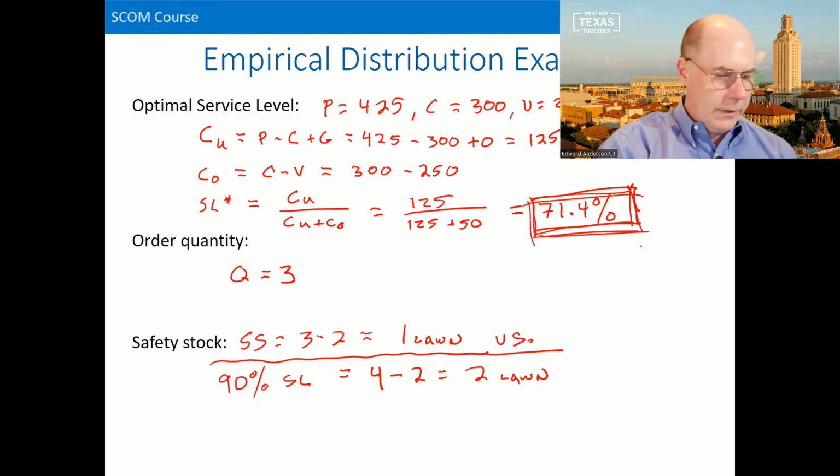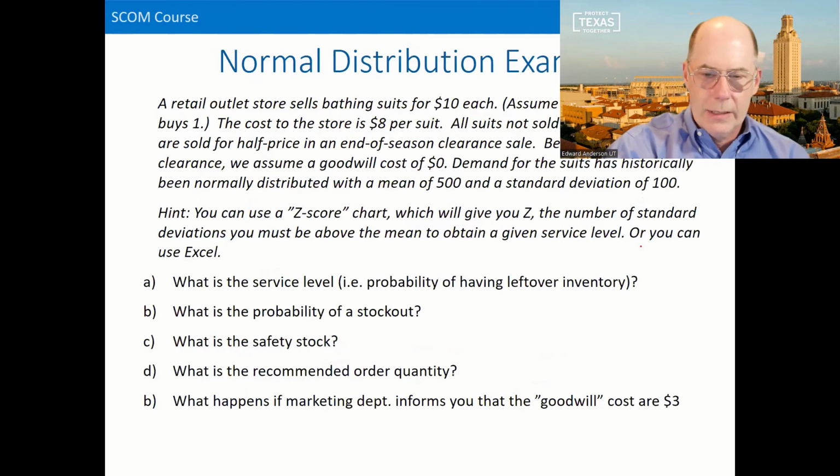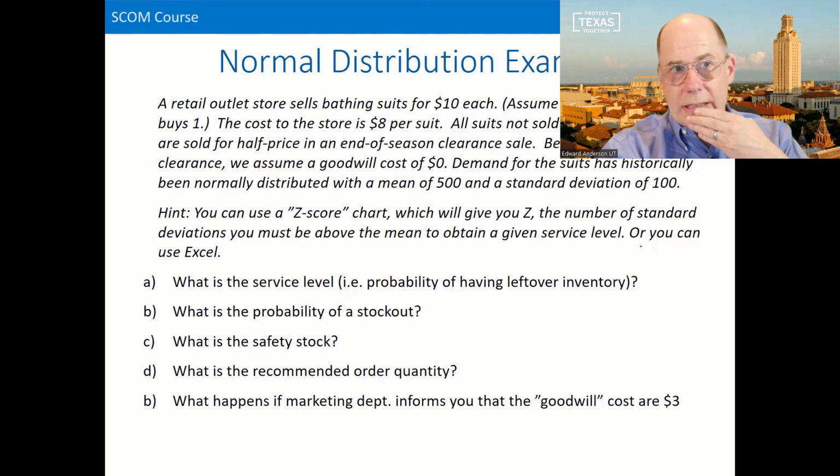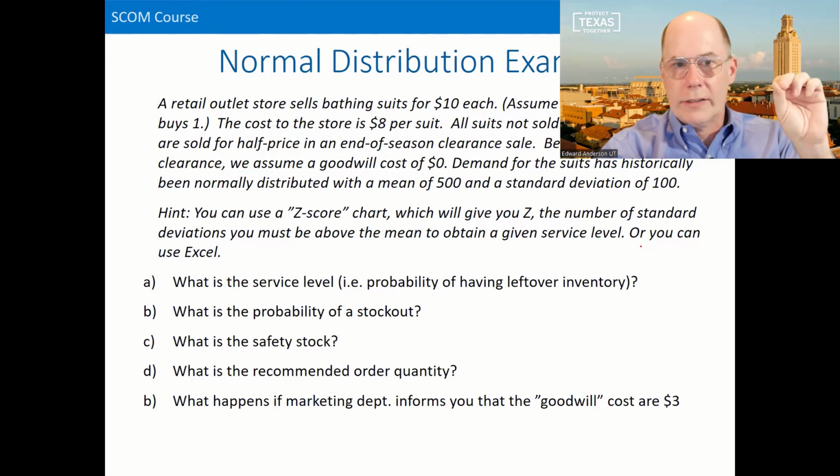Okay. So let's go back to that normal distribution example where we had bathing suits. And we're going to do the same thing as we did in the past, except we're actually going to base our service levels off of costs, and that will influence the order quantity.